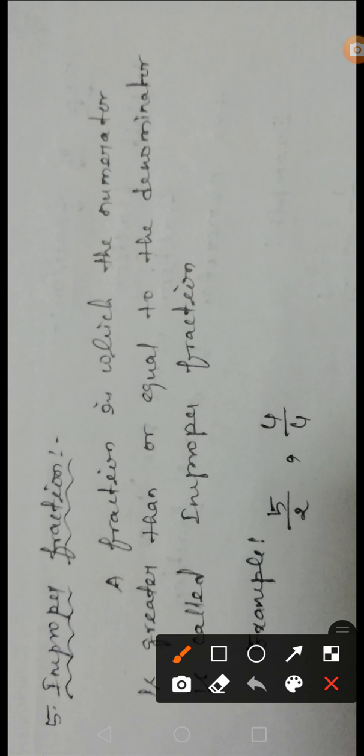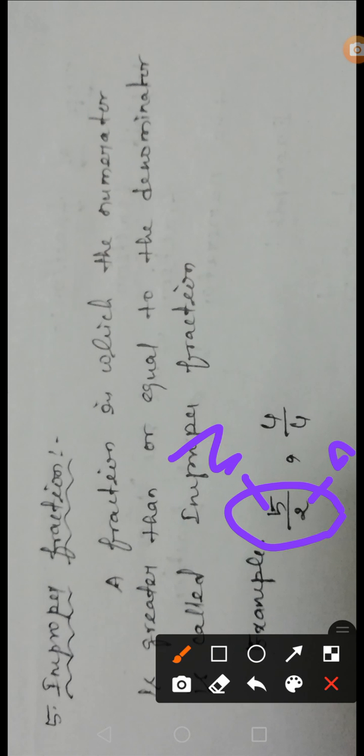Proper means the numerator is less than the denominator. Improper means the numerator is greater than or equal. For example, this is a numerator, 2 is a denominator.